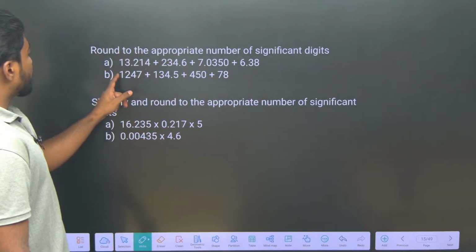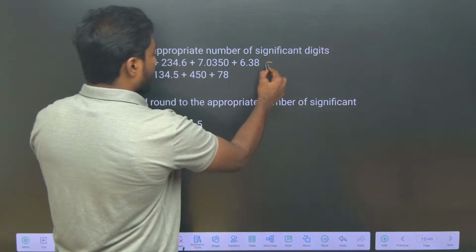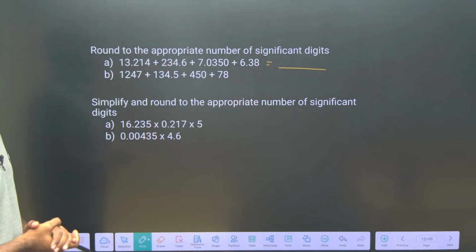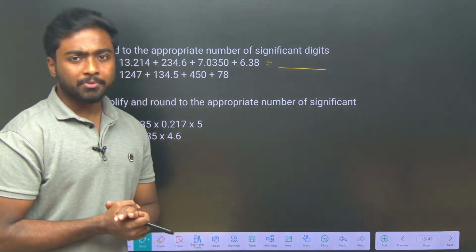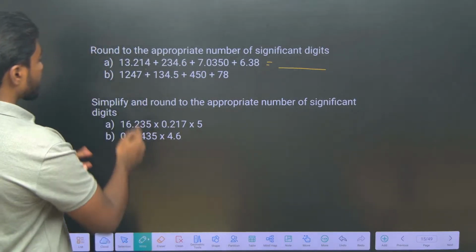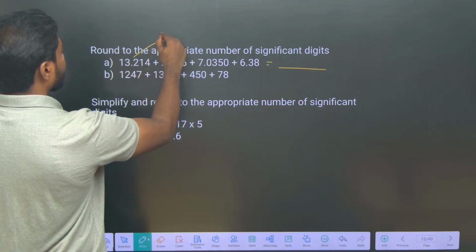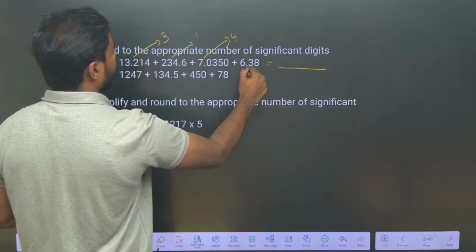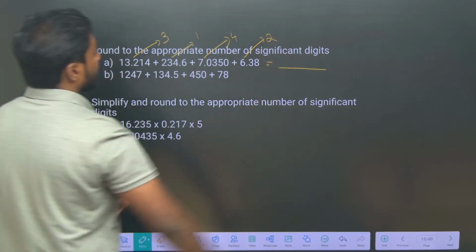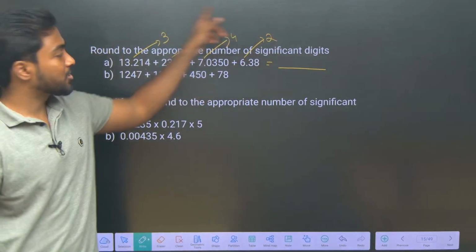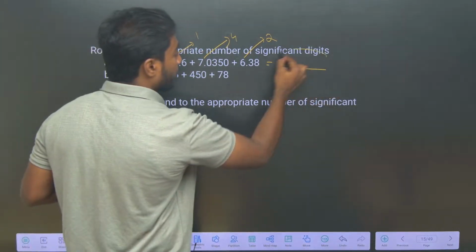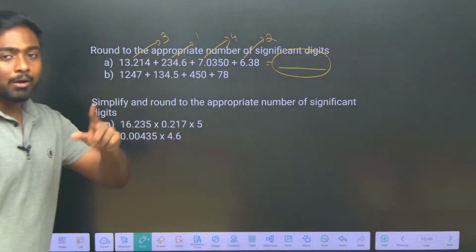When I'm adding or subtracting, what should I do? Take the least decimal point. In the first one, 3 decimals, second one 1 decimal, third one 4 decimals, fourth one 2 decimals. Which is the least? 1. So I need to take only 1 decimal for the answer. I need to round it off.